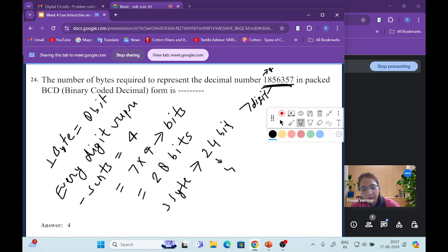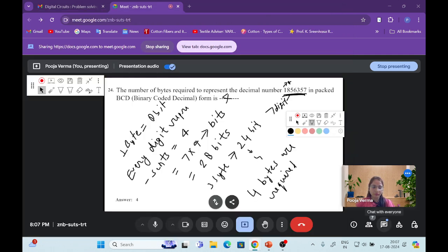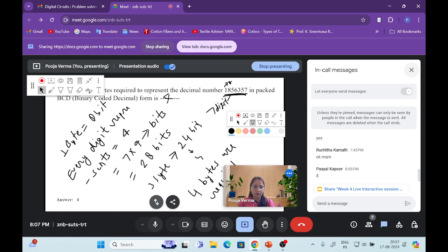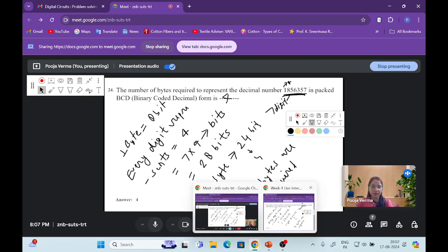So total 4 bytes are required to represent this decimal number. I hope all of you have got this question.